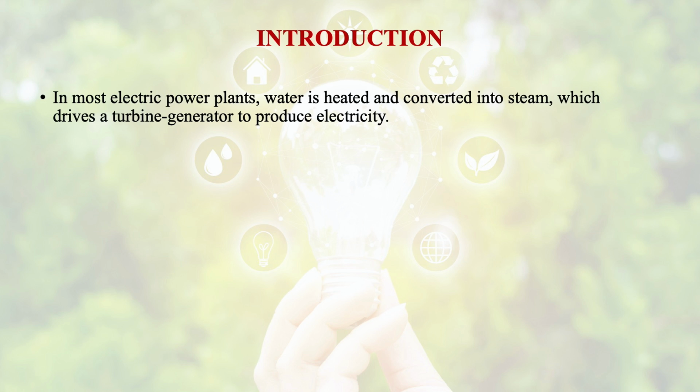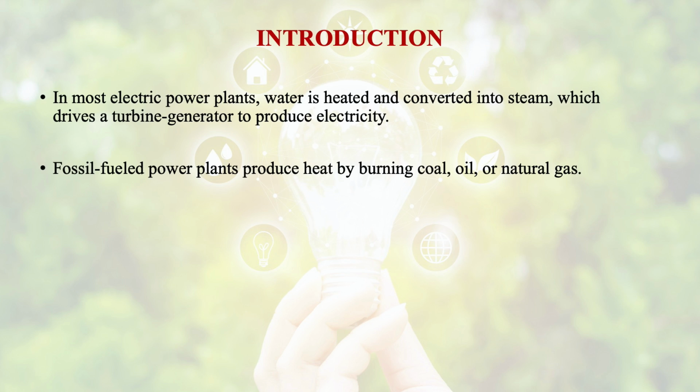In most of the electric power plants, water is heated and converted into steam. This steam is used to drive a turbine generator to produce electricity. Fossil fuel power plants produce heat by burning coal, oil or natural gas, and this heat is then used to convert water into steam.